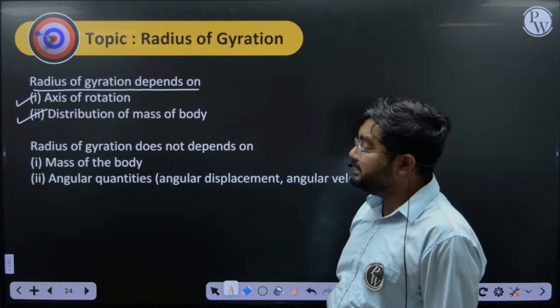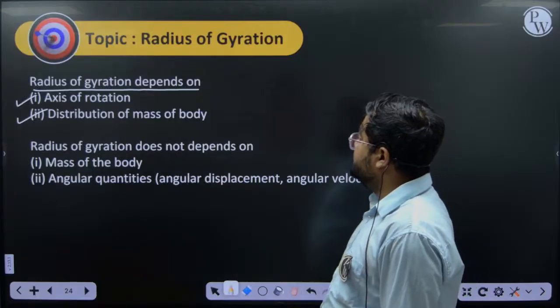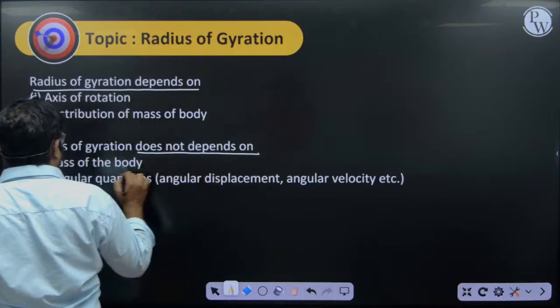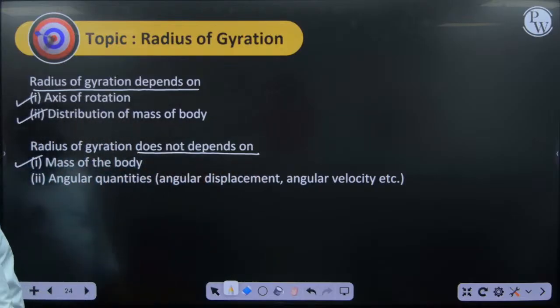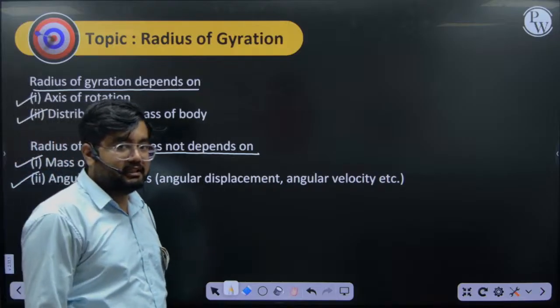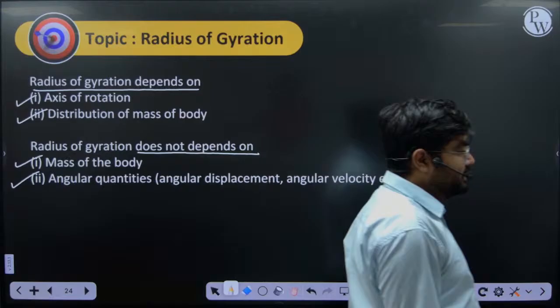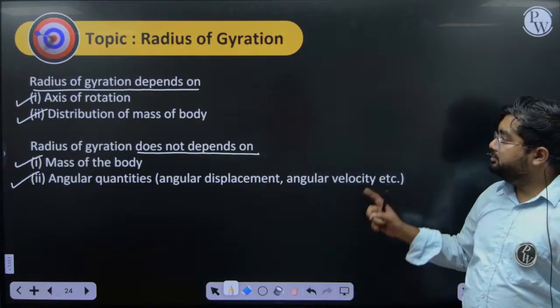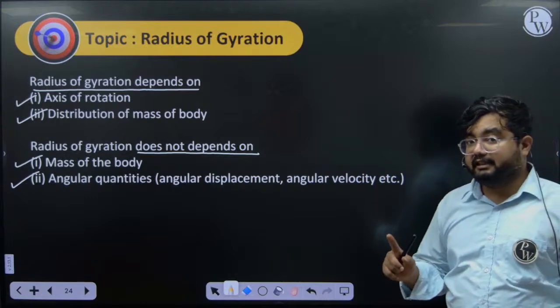So radius of gyration will also change. But radius of gyration does not depend on mass of the body or angular quantities like angular displacement theta, angular velocity omega, angular acceleration alpha, all those. So important points can be asked in NEET exam.